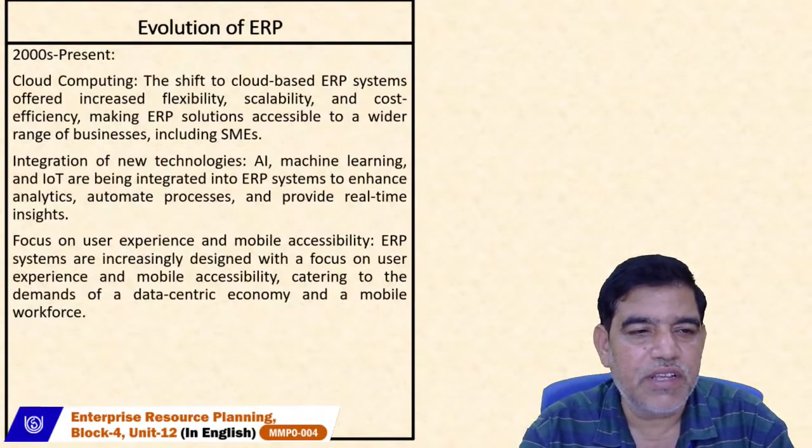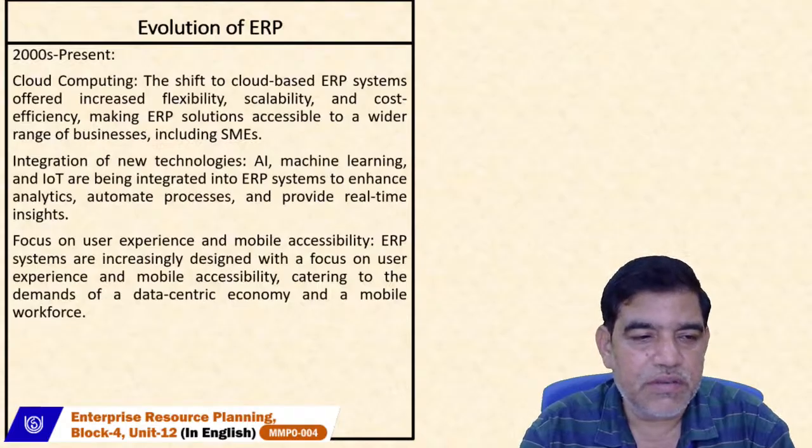Nowadays, AI, machine learning, and IoT are the new emerging technologies implemented in the ERP system for automatic analytical processes on a real-time basis, and it basically helps the decision making process.